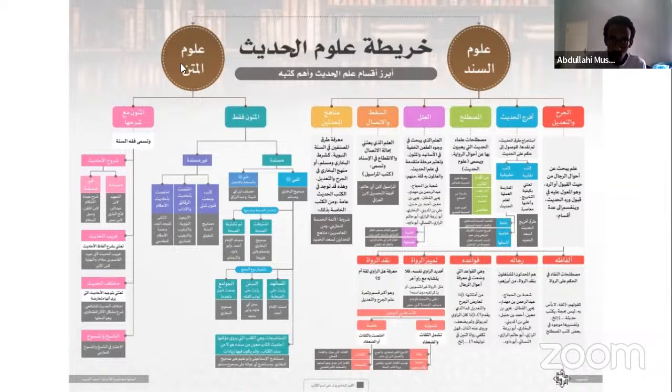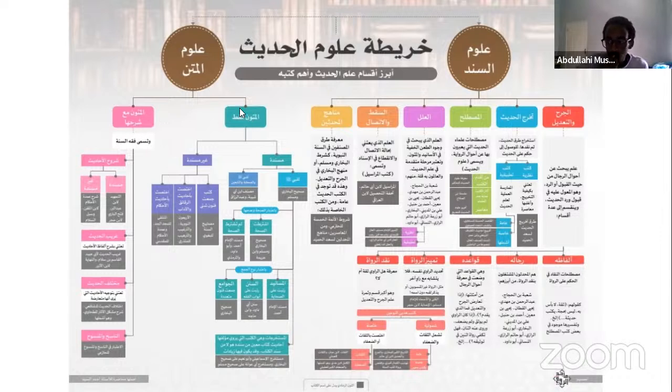So you can think of the mutun, the contents of a hadith, as the finished product of the factory processes of ulum sanad. What you have to do is first go through this, and once you've gone through this, then you can go into this. And just to briefly look at this section, al-mutun faqat, al-mutun ma'a sharhiha.